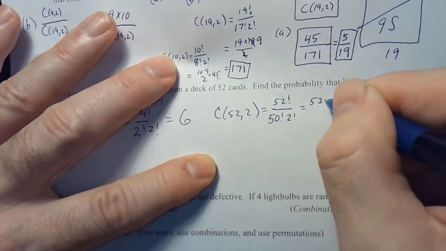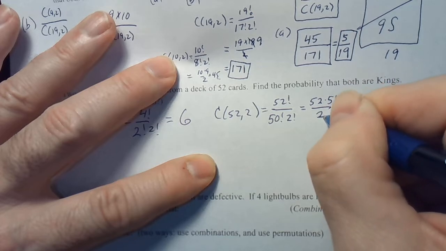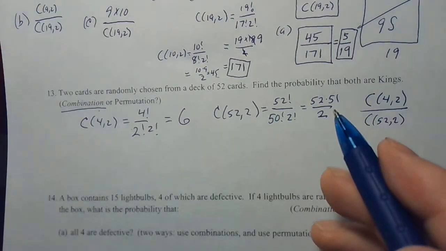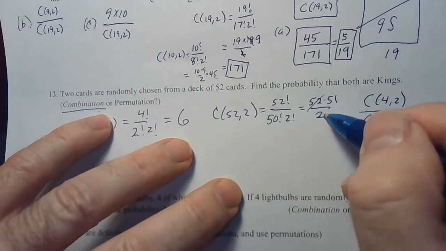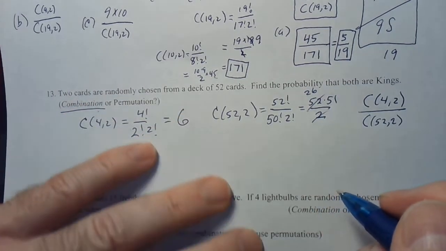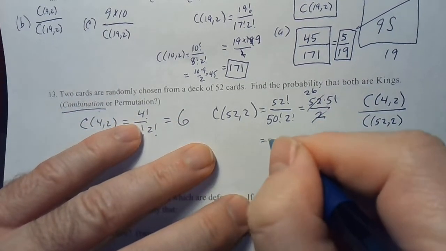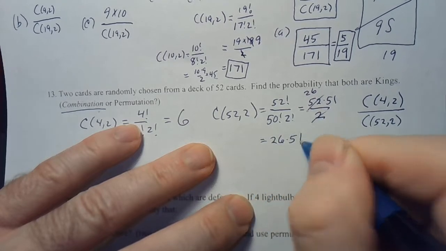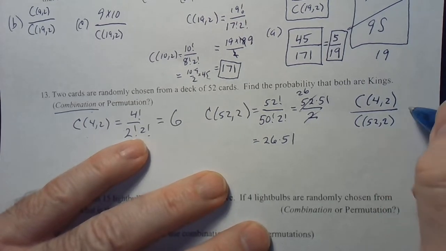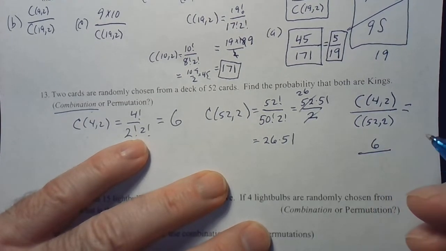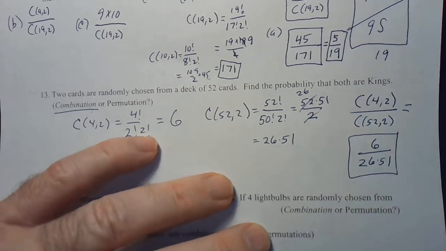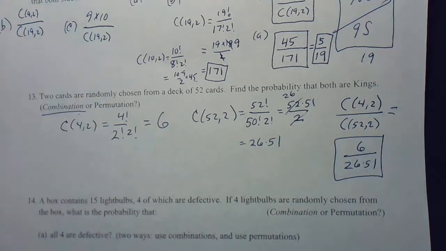That happens to be 52 times 51 over 2. The 50 factorial canceled with the above. So let's see. 52 cancels with the 2, leaving a 26 upstairs. So that's just 26 times 51. I'm going to leave it like that. I don't have a calculator. So final answer is 6 over 26 times 51. A very, very small number.